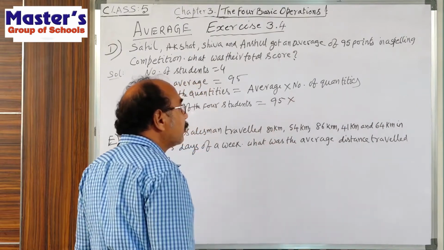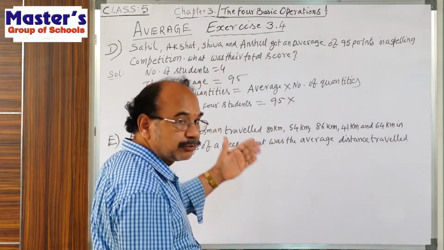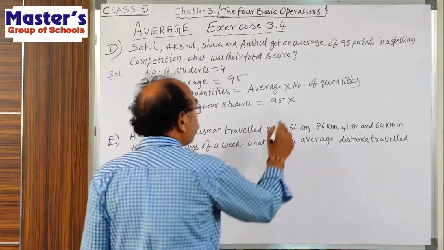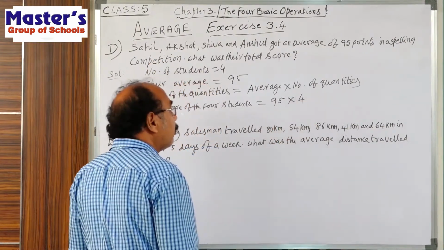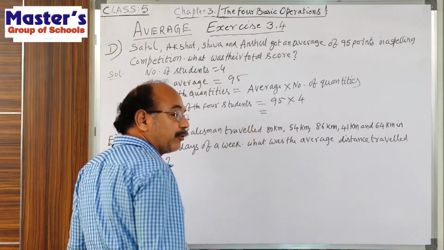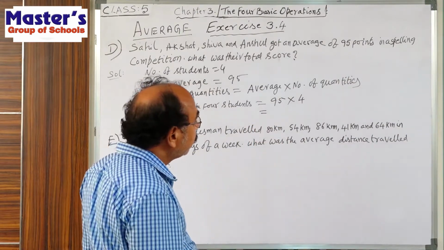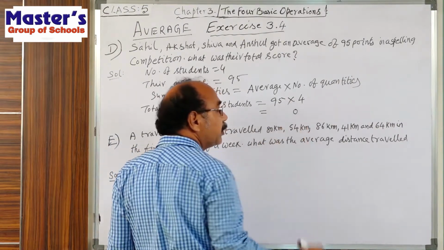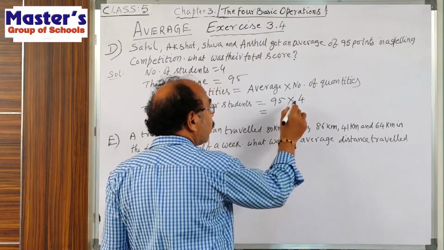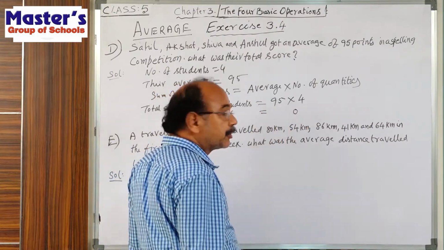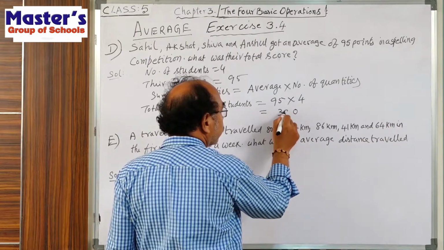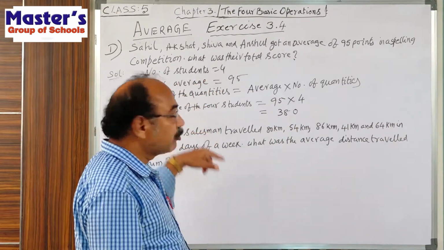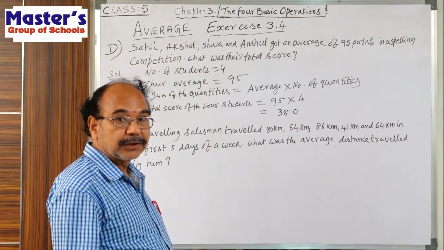Number of quantities, that means number of students. How many students? 4 students. So here into 4. Multiply. 95 into 4. 4 5s are 20. So here 0, right? 2 is kept in mind. 4 9s are 36. 36 plus 2, 38. 380. That is the total score of the 4 students.